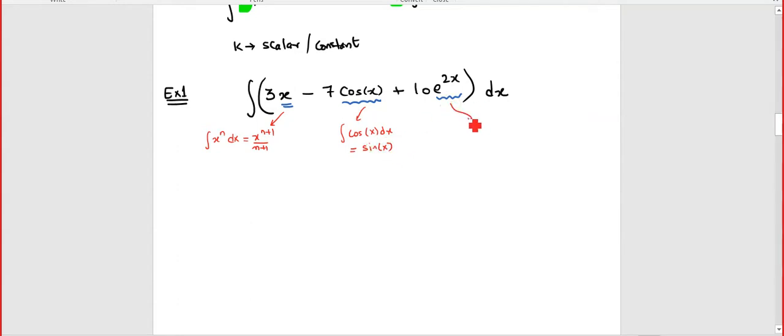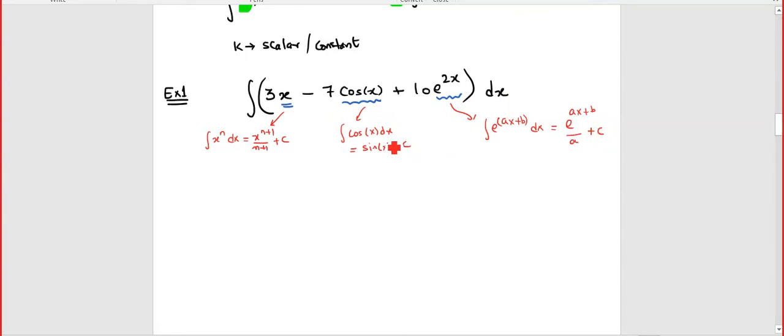And for this one, it matches the rule e power ax plus b dx, which says it is e power ax plus b over a. And of course, there is an integration constant with each of the terms.